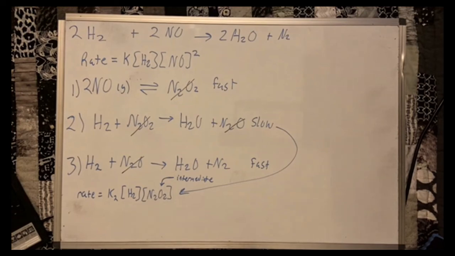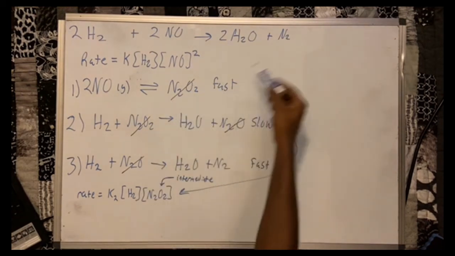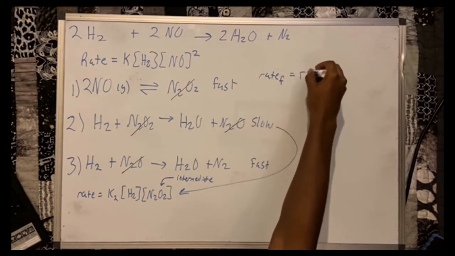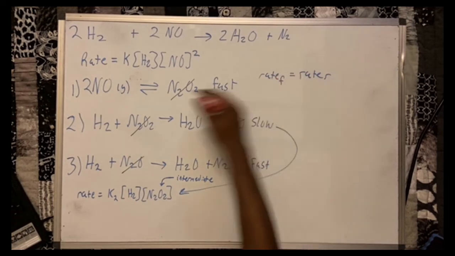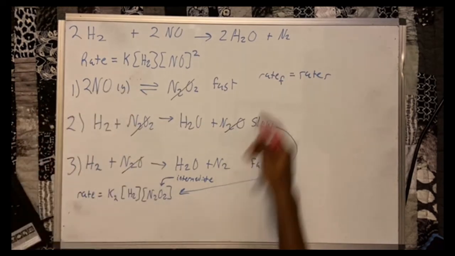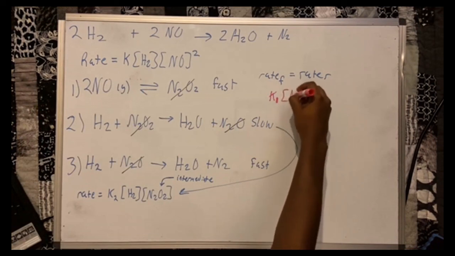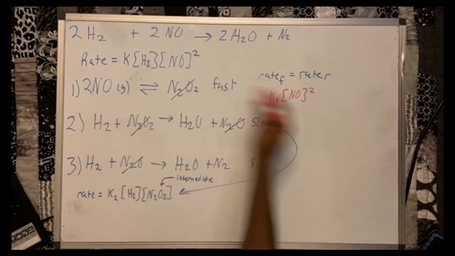So I look at my intermediates and I see that the intermediate was involved in this equilibrium, so that's good, because in equilibrium, the rate of my forward reaction is equal to the rate of my reverse reaction, right? So for this, the rate of the forward, going this way, is k1 times [NO] squared, just reading off the exponents of the coefficients.